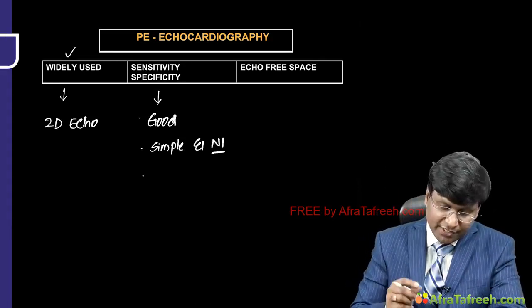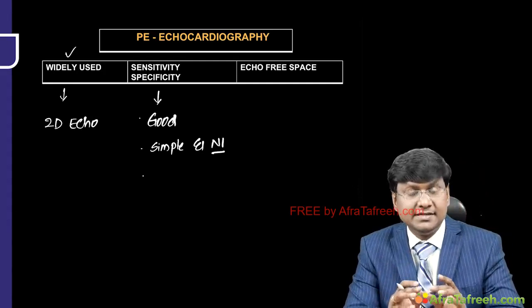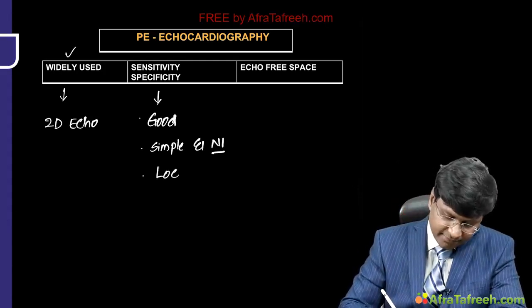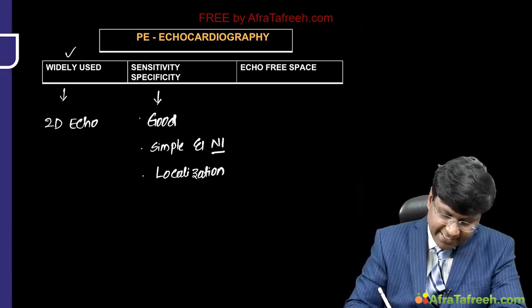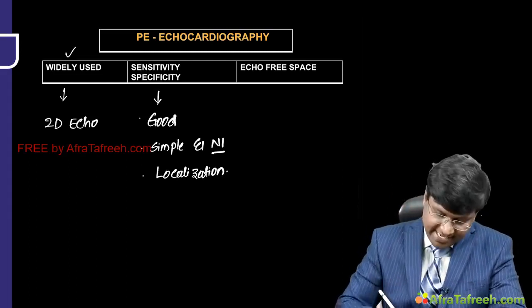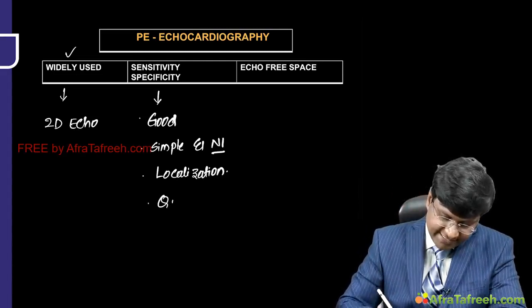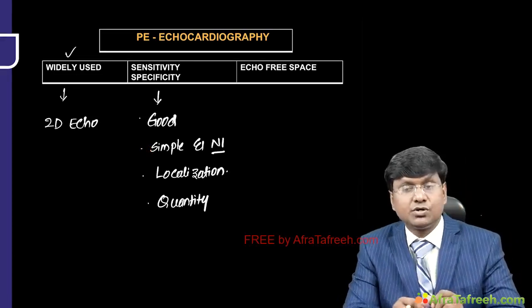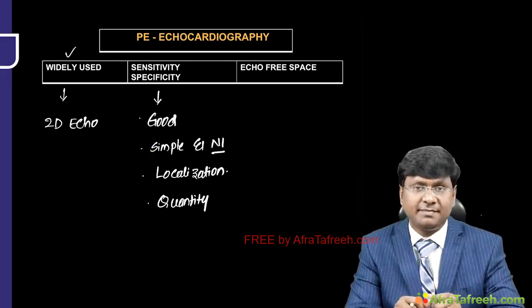The importance of this 2D echo is that it will help in localizing where exactly the fluid is, and it will also help in estimating the quantity of the pericardial fluid.